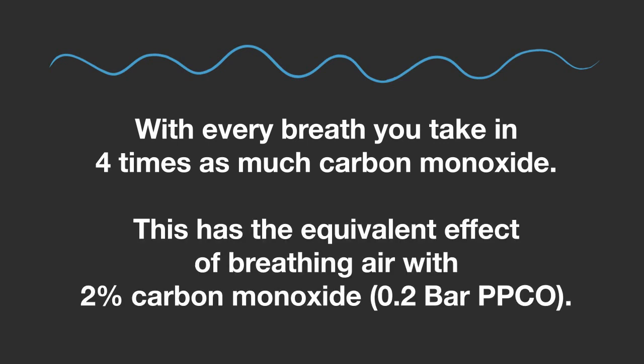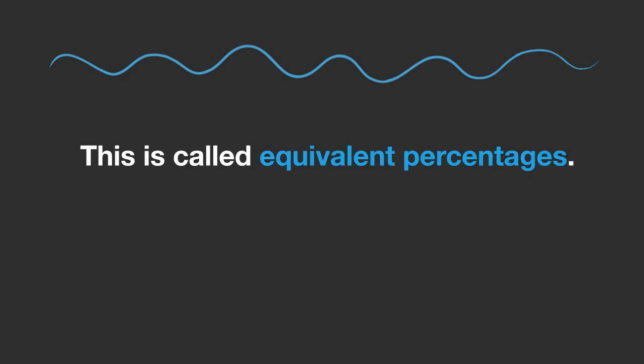So now the air you are breathing has the equivalent effect of breathing air with 2% carbon monoxide, because the partial pressure is now 0.2 bar. This is called equivalent percentages.